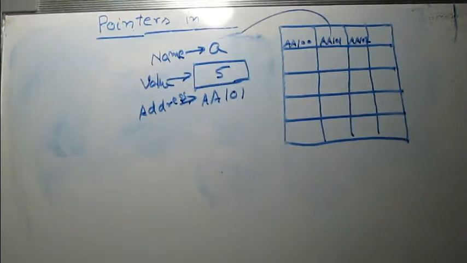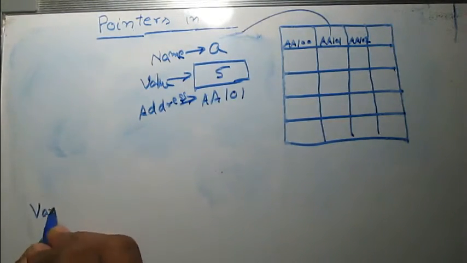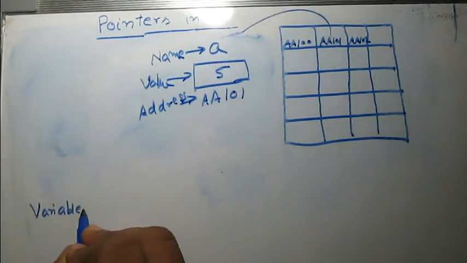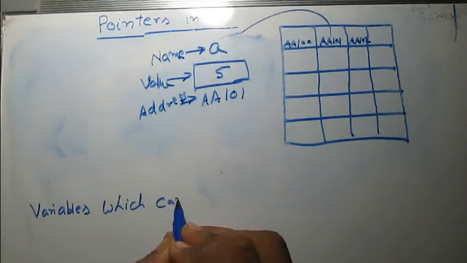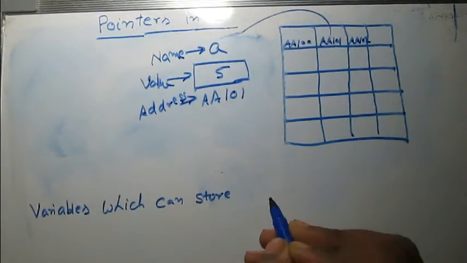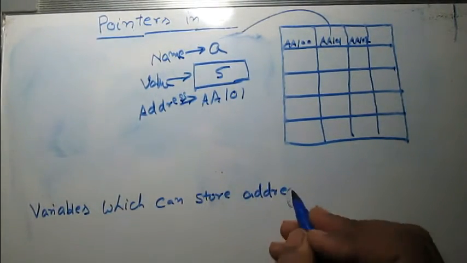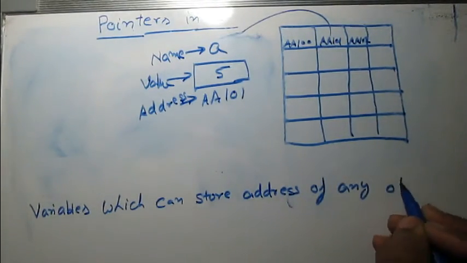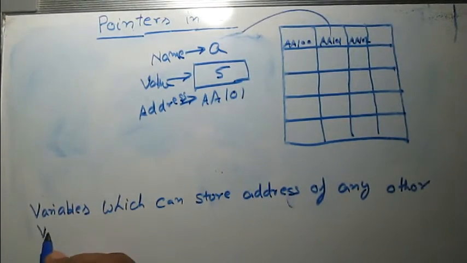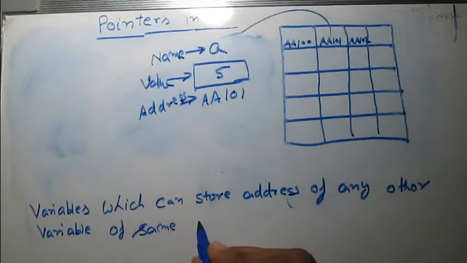Now what are pointers? Pointers are variables which can store the address of any other variable of the same data type.